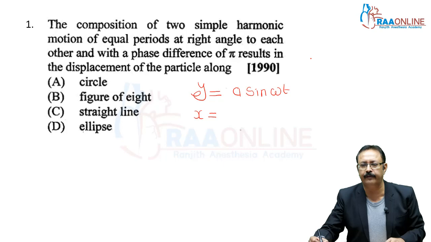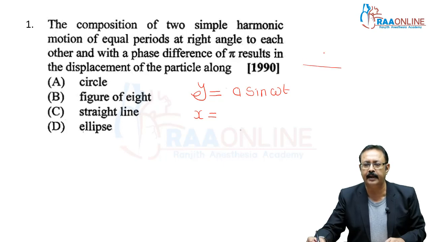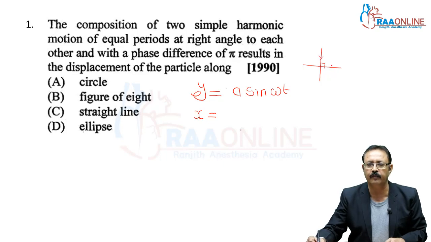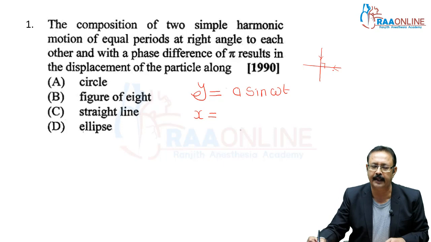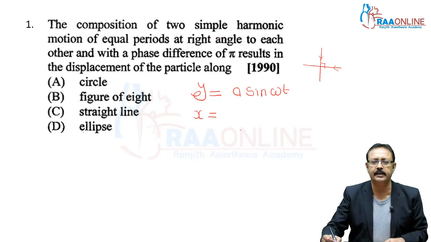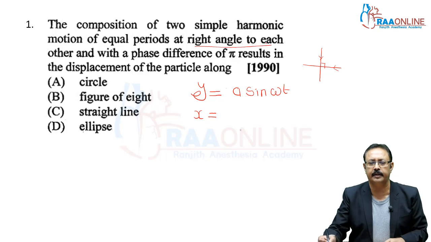Each and every one knows that the x-axis and y-axis are mutually perpendicular lines. One is moving along the y-axis, the other along the x-axis. So this condition of right angle to each other is fulfilled.